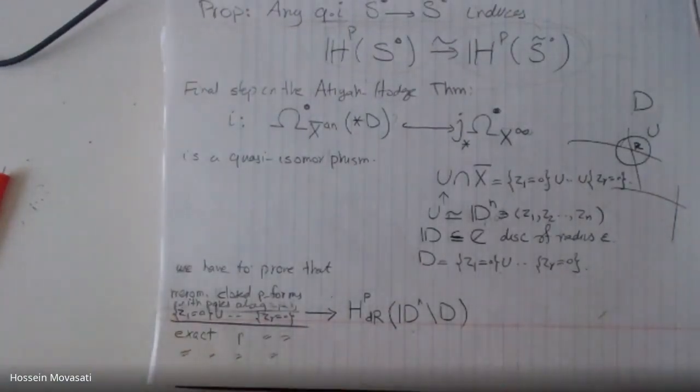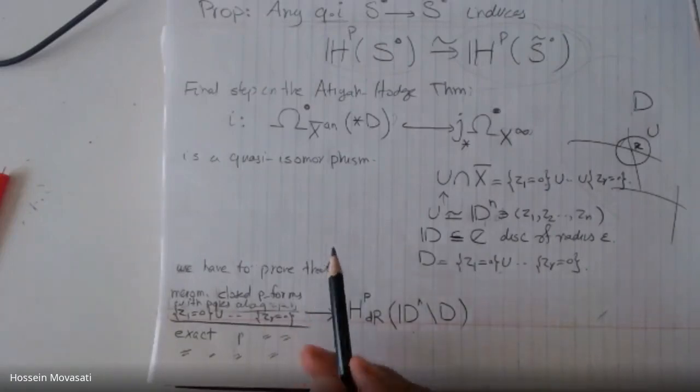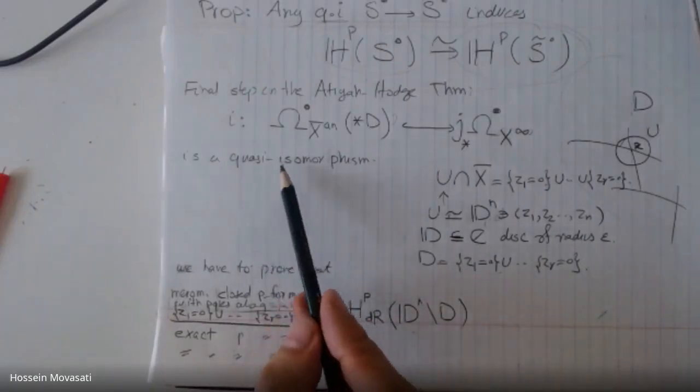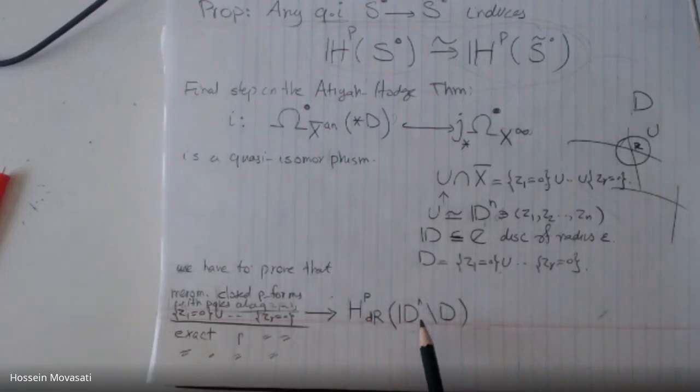So you see that the statement of the quasi-isomorphism is similar to the Atiyah-Hodge theorem, but in a purely local context of a polydisk, taking out Z1 equal to 0, ZR equal to 0.